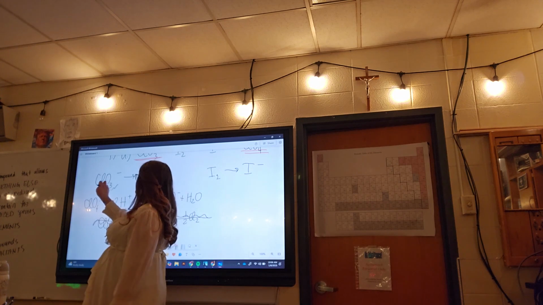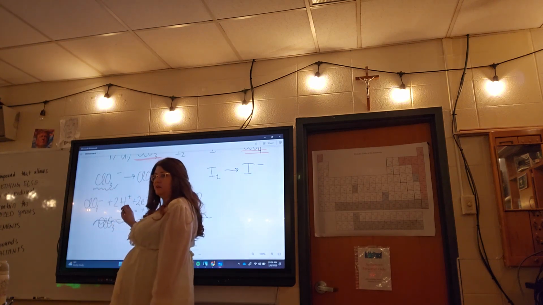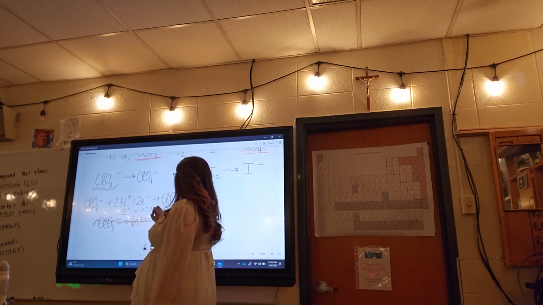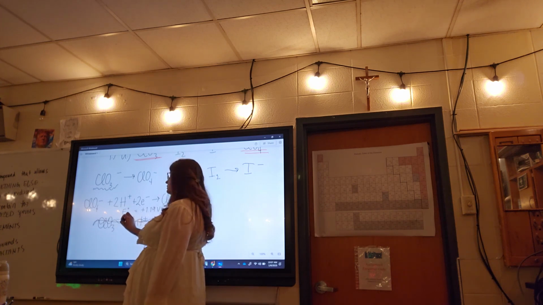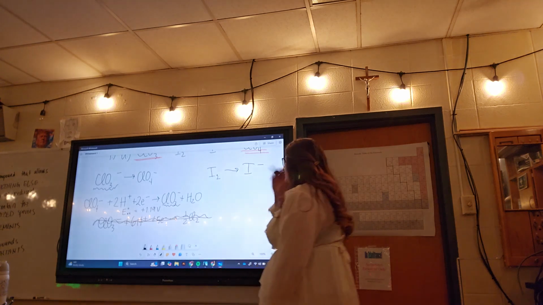Is ClO3 minus in the same place here as it is in the second reaction? No, it's on the opposite side of the equation. So remember, if it's on the opposite side, it's the, good job. Half done.